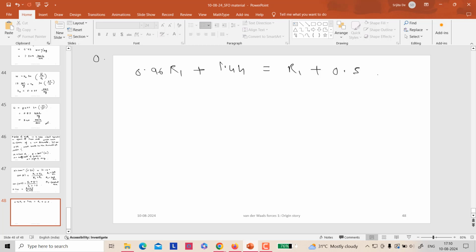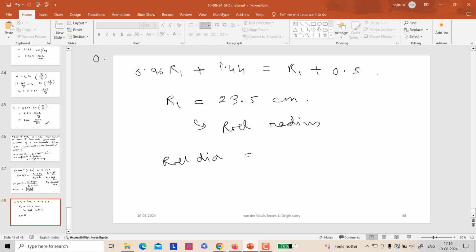So now R1 will be 23.5 centimeter. This is the roll radius, and the roll diameter will be multiplied by 2. 23.5 into 2, that is 47 centimeter. This is the answer. Okay.